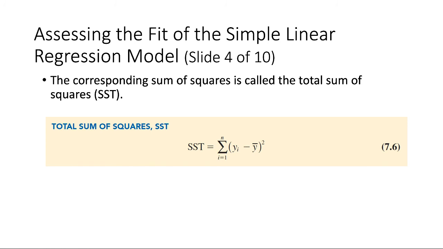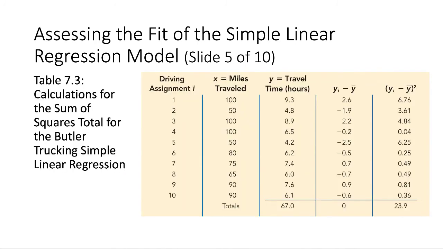So we use the SST, which stands for sum of squares total, to measure how well the observations cluster about the mean of y line. In this table, we show the sum of squared deviations obtained by using the sample mean of y equal to 6.7 to predict the value of travel time in hours for each driving assignment in the sample.